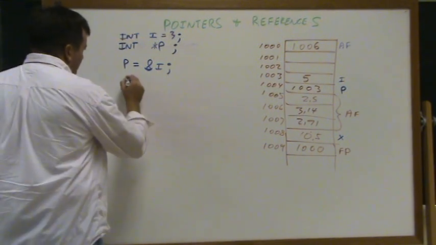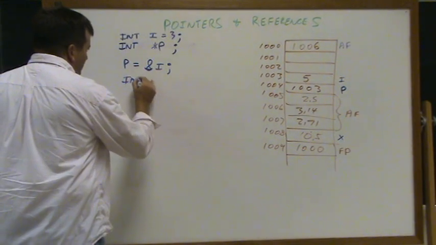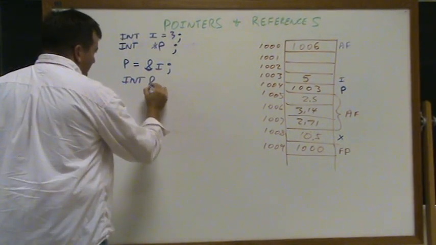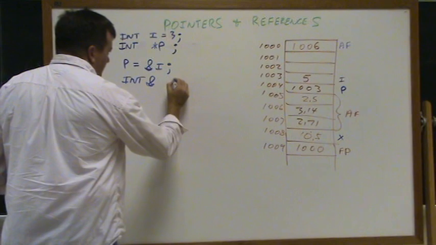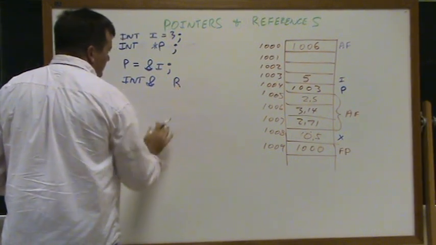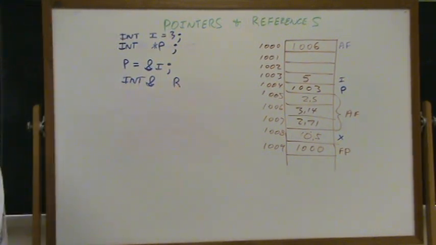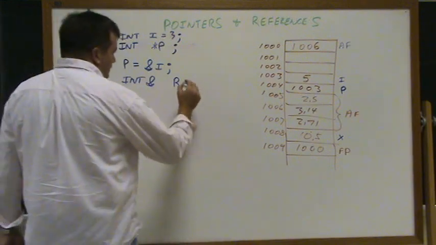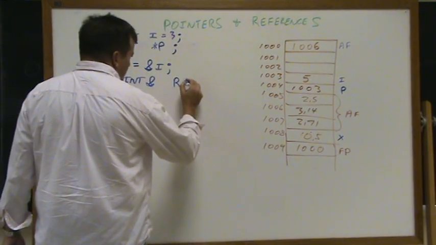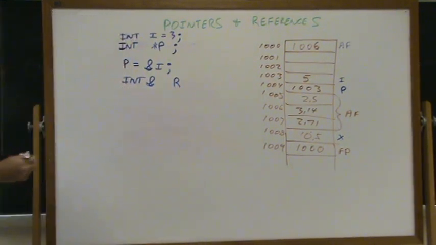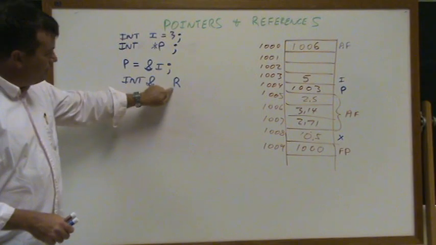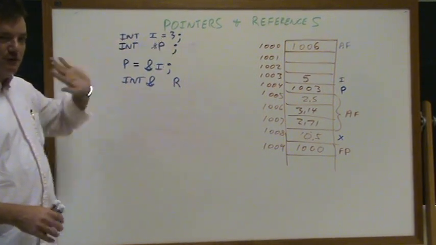We can go like this: integer, and then this ampersand. We'll do these ampersands pretty often. R, I'm using the letter R for reference. Now, what does that mean? If you know Java and C++, this might be a little confusing. This is a reference to some piece of storage that already exists somewhere.